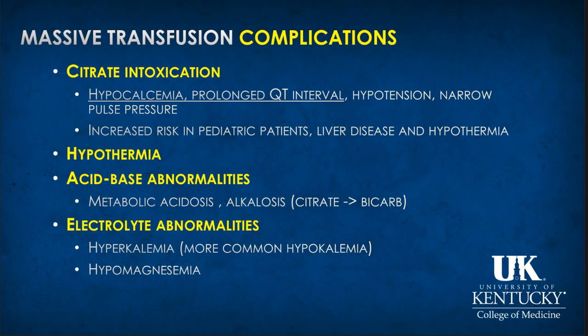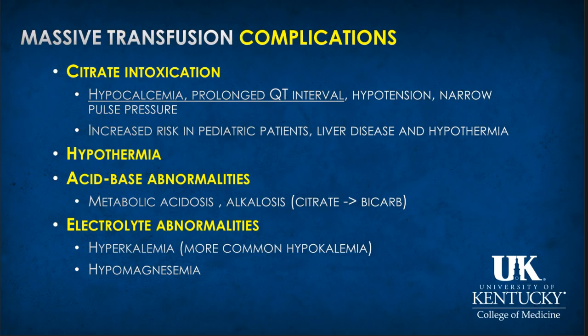The symptoms of hypocalcemia are prolongation in your QT interval, hypotension, and a narrow pulse pressure. The risk for citrate intoxication is increased in pediatric patients, liver disease, and in a hypothermic patient.